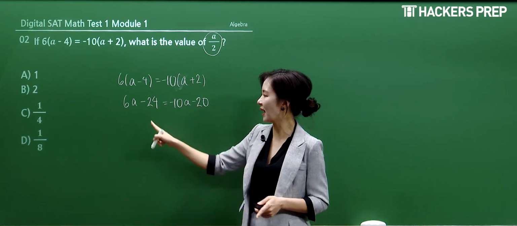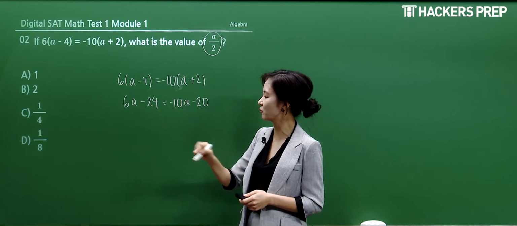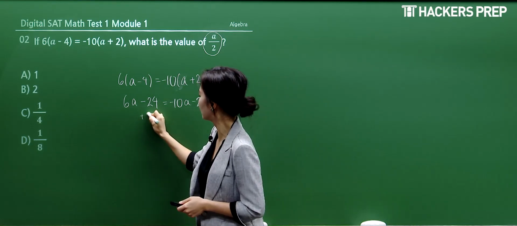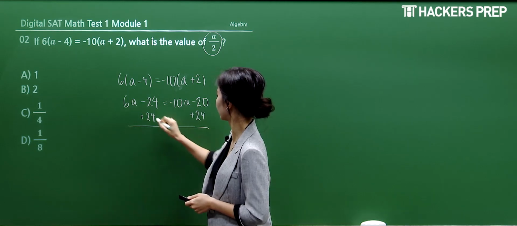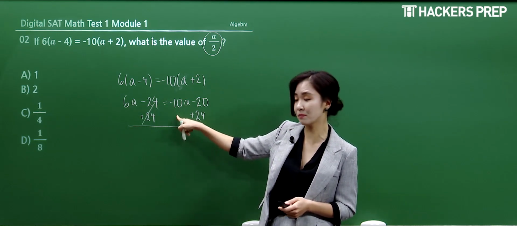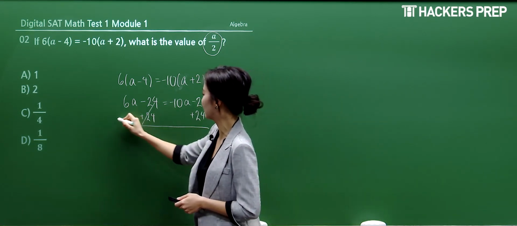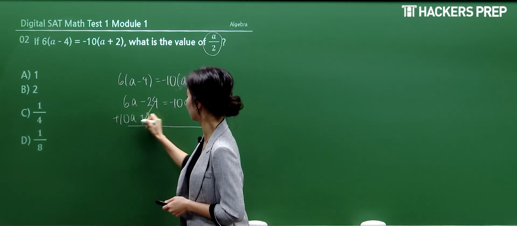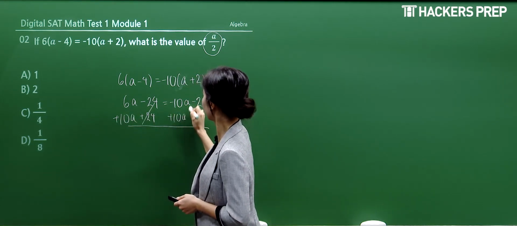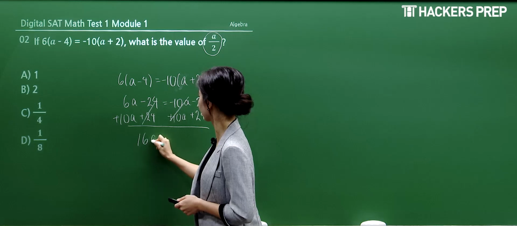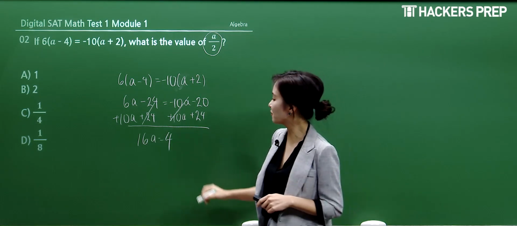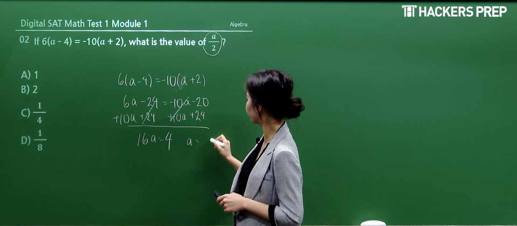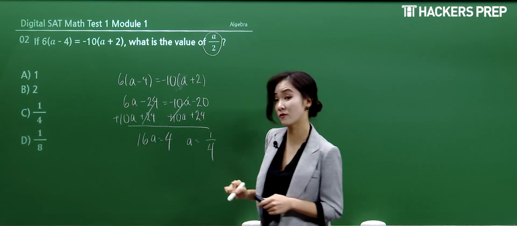Let's first go ahead and combine the constants. So we'll add the 24 to the other side. And let's bring the negative 10a over to the other side. And there we have it so far. So then the value of a is just going to be 1 over 4th, right?